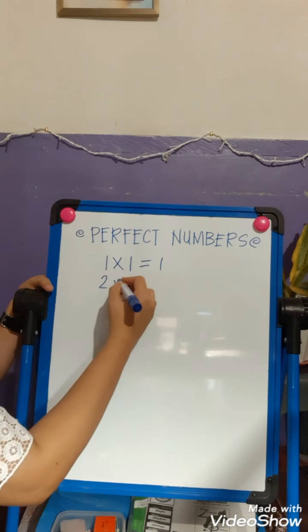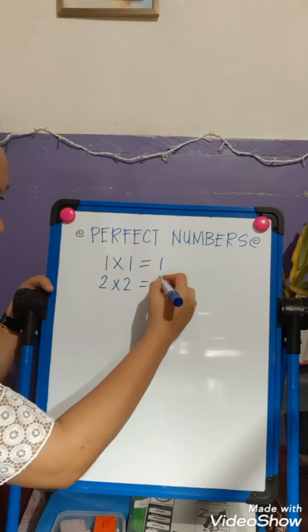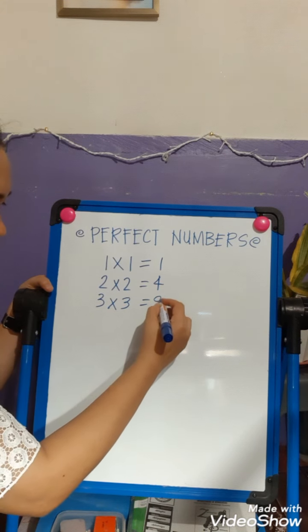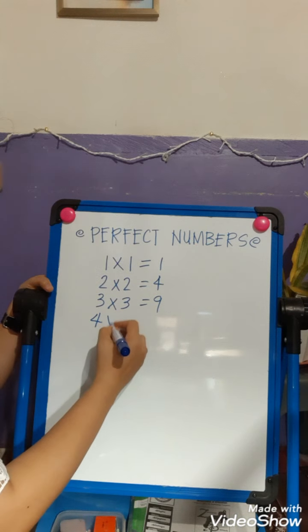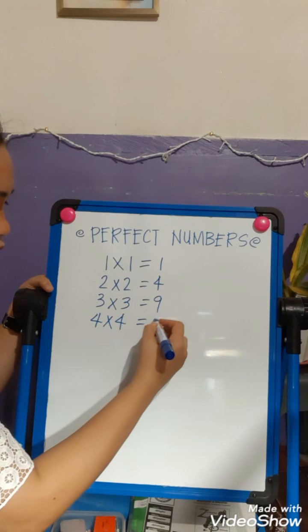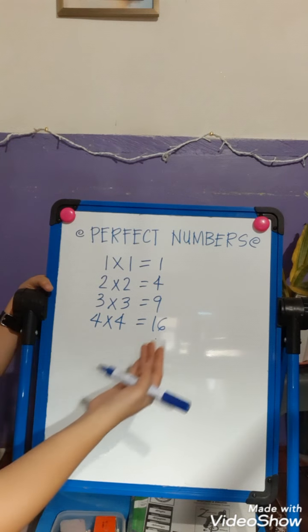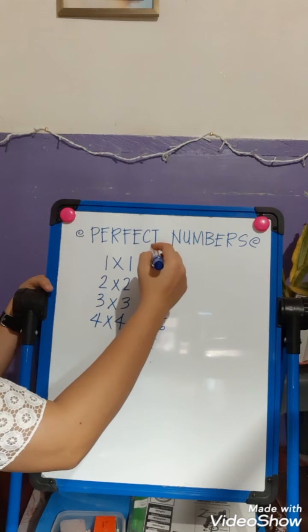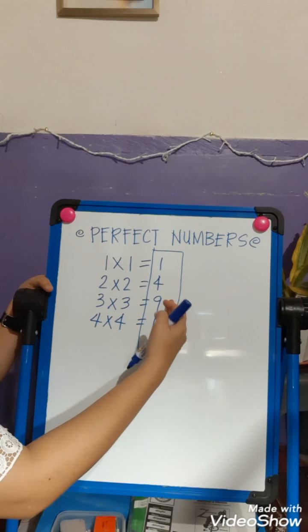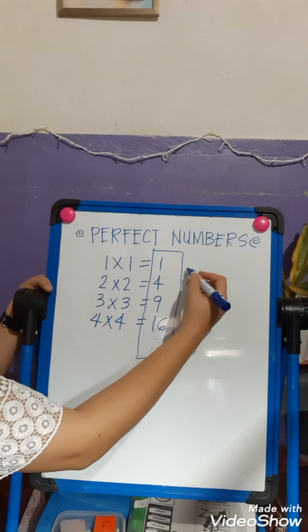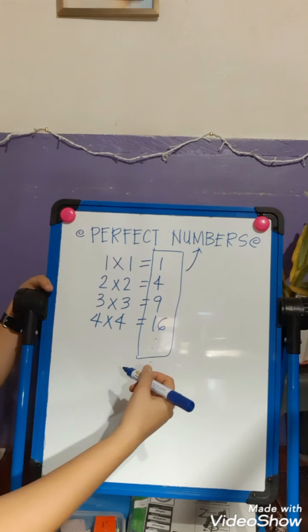Then 2 times 2, that is 4. 3 times 3, that is 9. 4 times 4, that is 16, and so on. So these numbers, the products, are known as the perfect numbers.